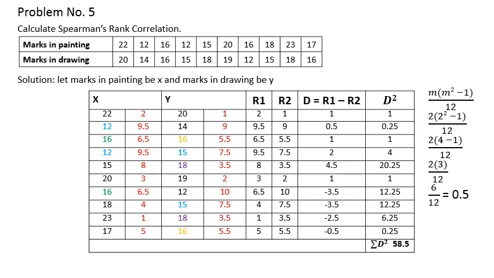Squaring the values of D gives D square: 1.25, 1, 4, 20.25, 1, 12.25, 12.25, 6.25 and 0.25. Adding these D square values, it becomes 58.5.